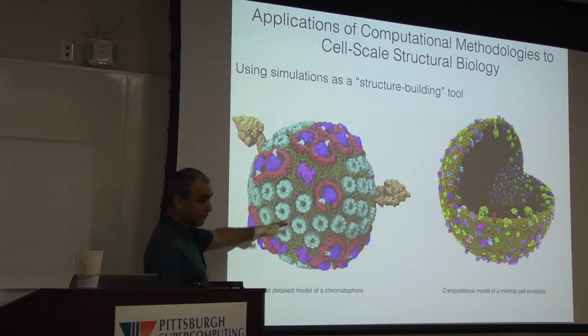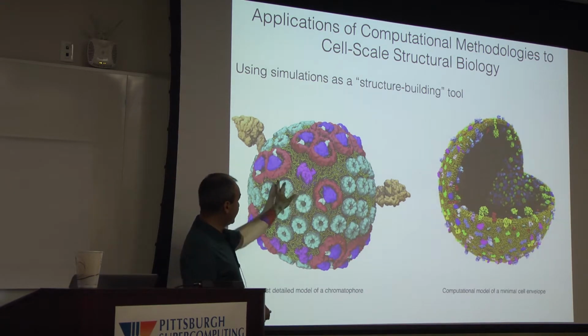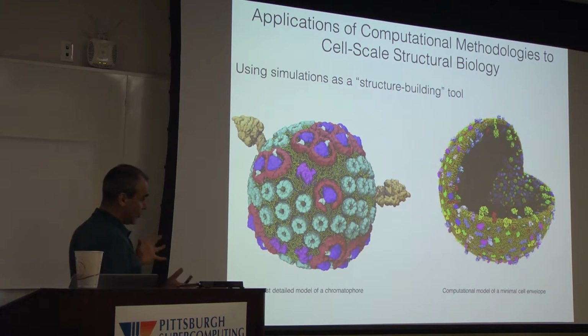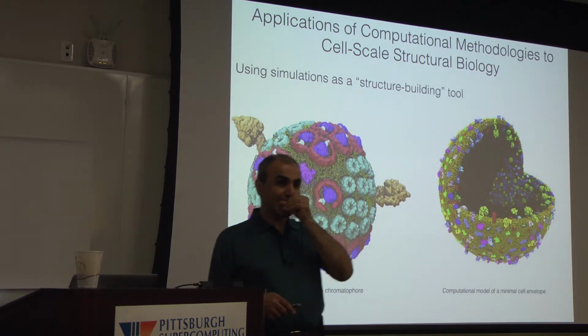Just putting this together is impossible without computational techniques and MD. Otherwise, you will have a lot of leaks in the system, and you will not have a correct model. Yeah. It's an all-atom simulation that puts that together?